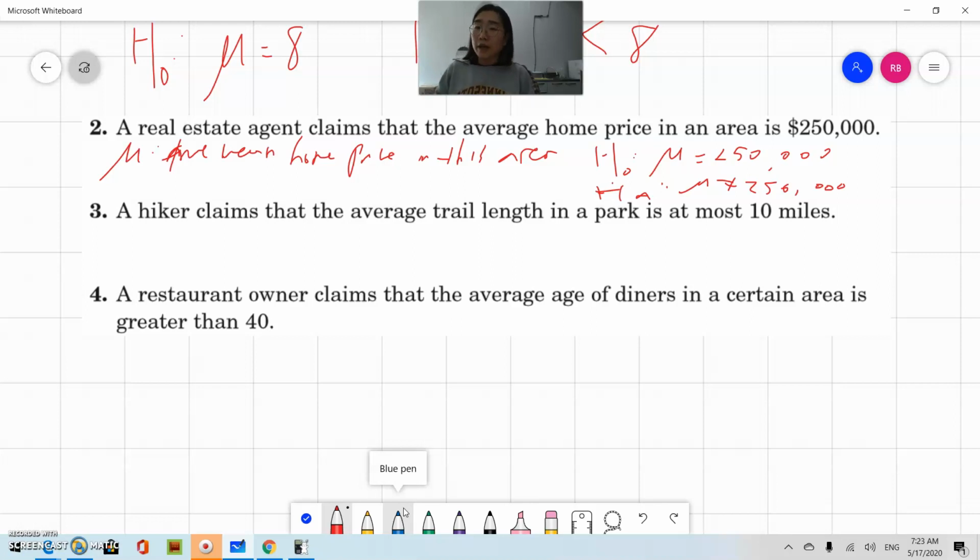Number 3, a hiker claims that the average trail length in a park is at most 10 miles. So this one, mu is the true average or true mean trail length in this park.